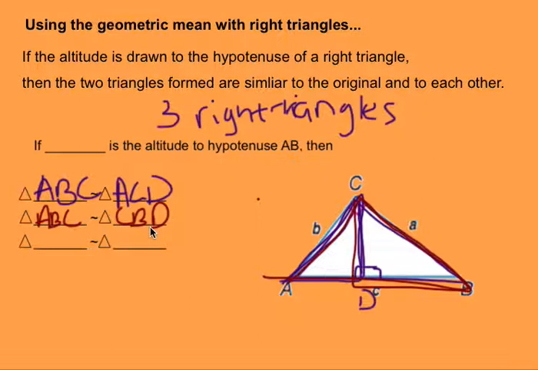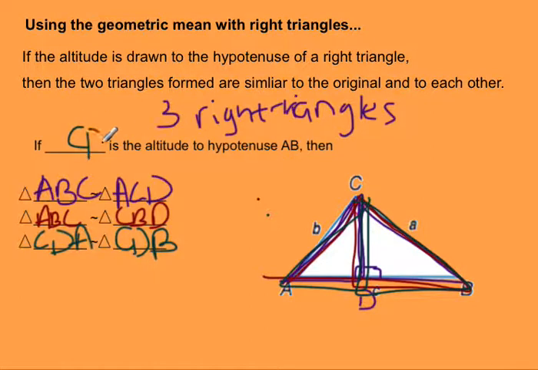And last but not least, the two smaller triangles are similar to each other, so CDA is similar to CDB. That is your set of similarity statements.